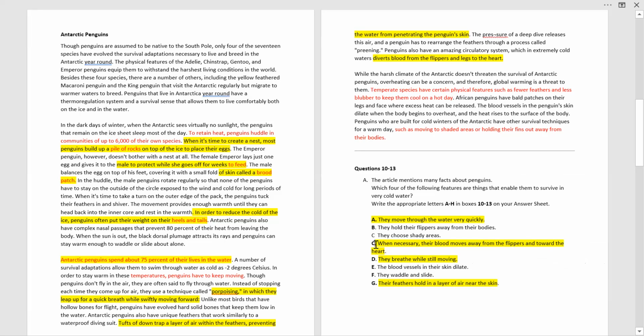It will be different than this one, because it's A to H.